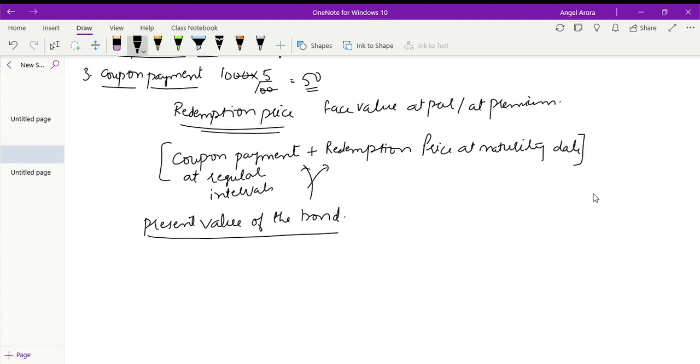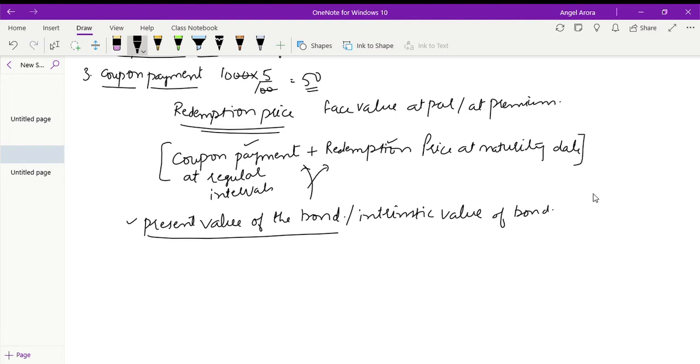This value is also called intrinsic value of the bond. So obviously this present value should be less than coupon payments and redemption price or face value at the maturity date, because he is sacrificing this amount at present.